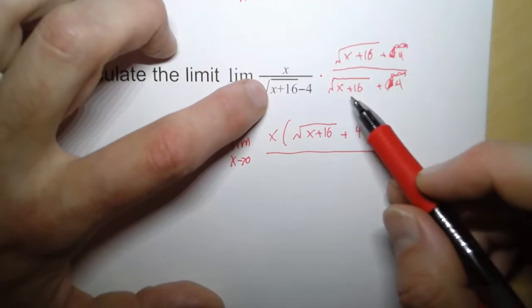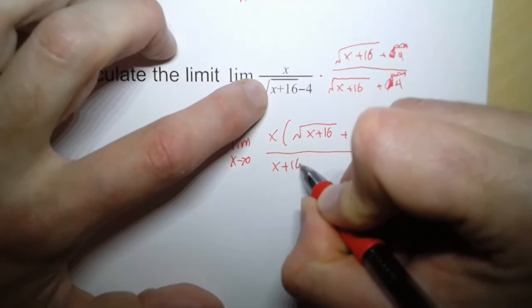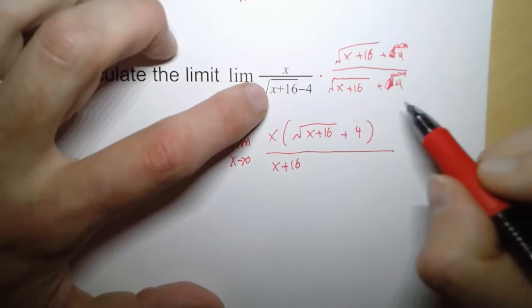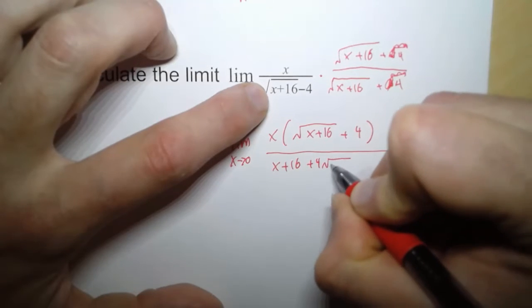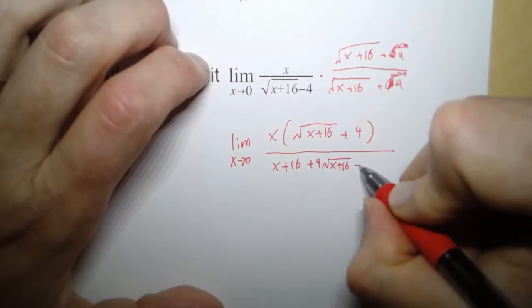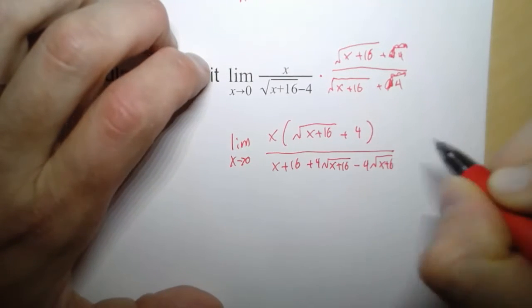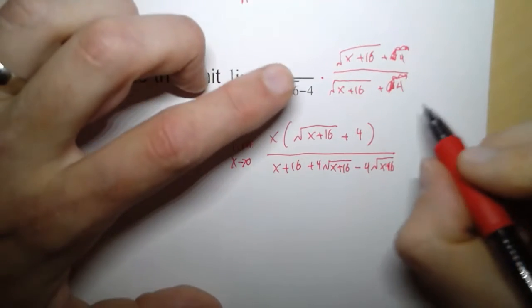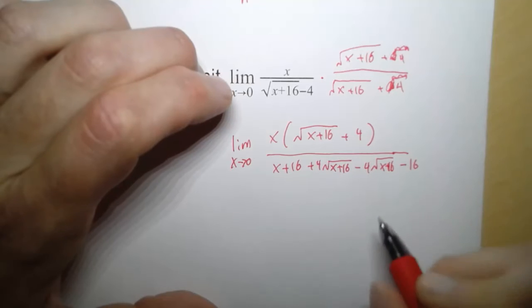So on the bottom, these we're going to multiply. So radical x plus 16 times radical x plus 16 is x plus 16. Radical x plus 16 plus 4, so we have plus 4 radical x plus 16. Negative 4 times radical x plus 16. And then finally, plus 4 minus 4, we multiply, we have negative 16.